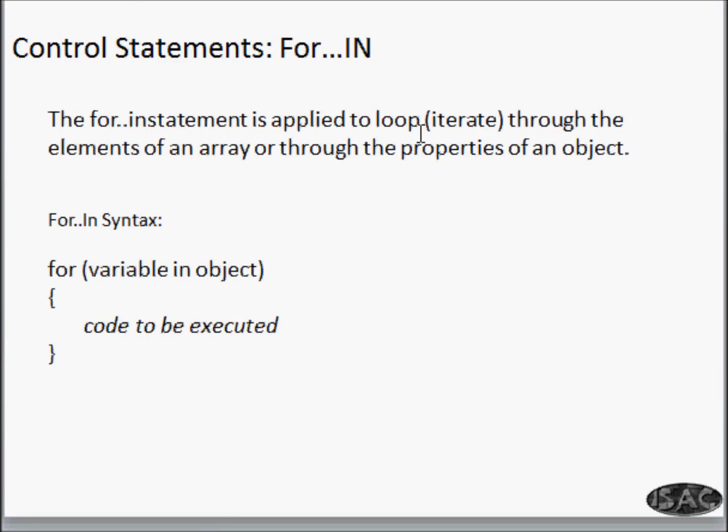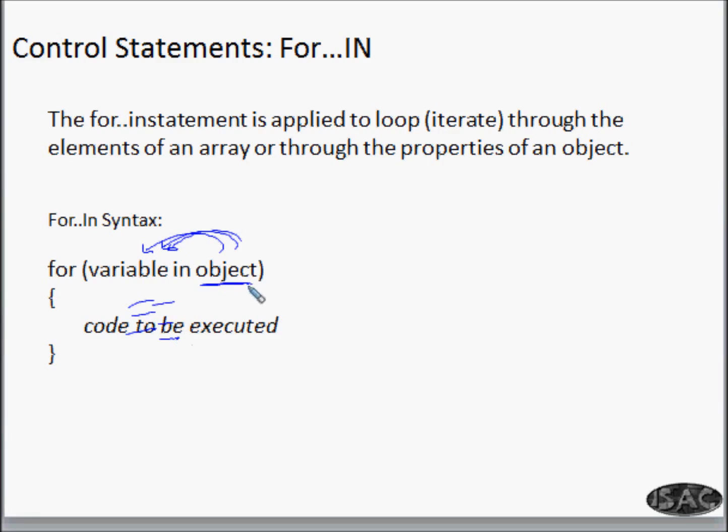There's another loop we have, the for in. This is called the for each loop. The for in statement is applied to loop through the elements of an array or through the properties of an object. Consider this object is having 5 values, 10 values. First value will come here and do the job. Again second value will come, third value will come and do the job.